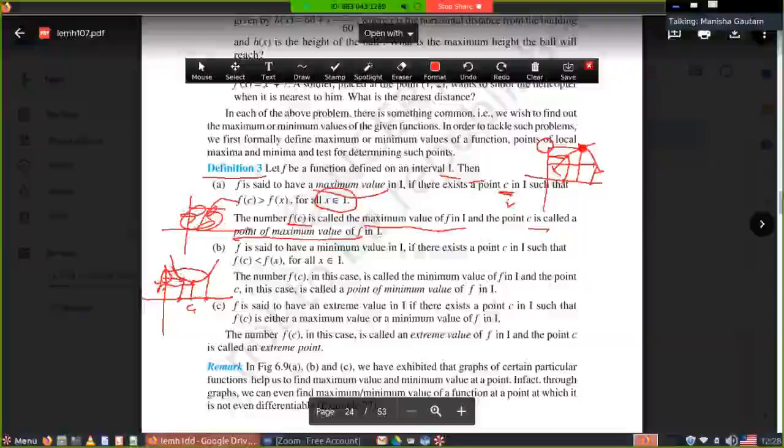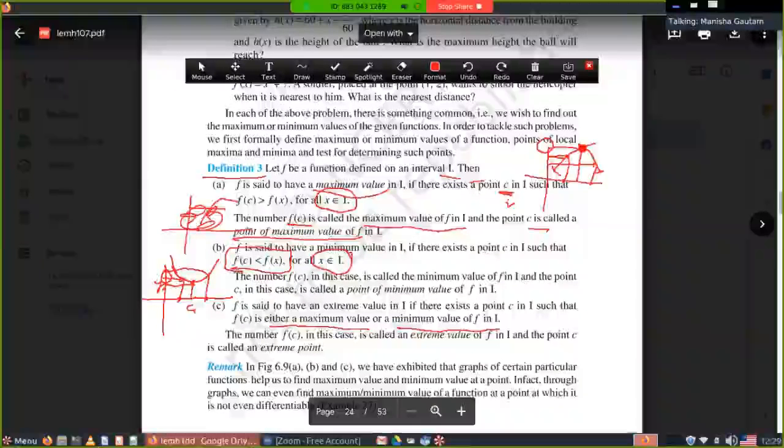So f is said to have a minimum value in the interval I if there exists a point C in I such that f of C is less than all values f of x, where x belongs to the interval I. And f is said to be an extreme value in interval I if there exists a point C in I such that f of C is either a maximum value or minimum value.